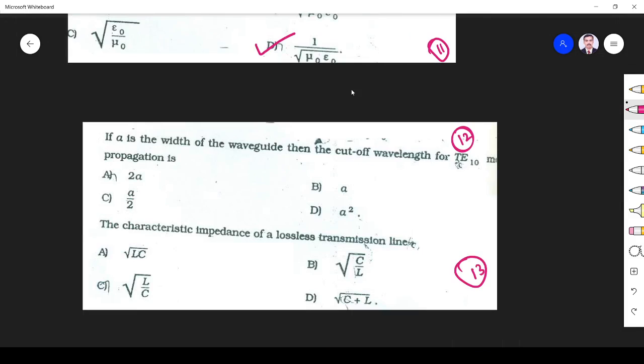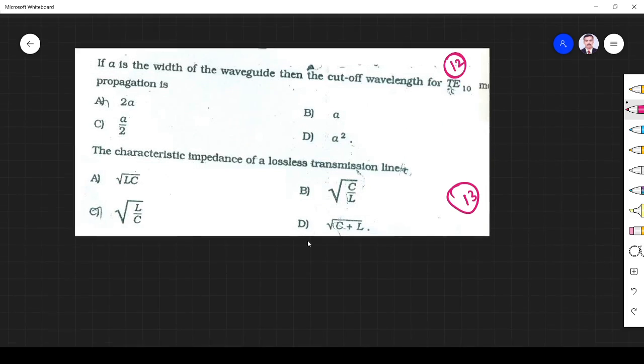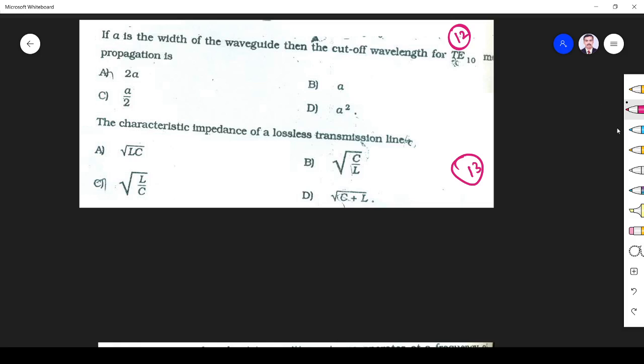Twelfth question, if a is the width of the waveguide, the cutoff wavelength of TE10 mode propagation, right? So let us see that question. What they ask is cutoff wavelength. Cutoff wavelength is given by 2 by root of m by a whole square plus n by b whole square. Here this 10 talks about m and n. So m is equal to 1, n is equal to 0, right?